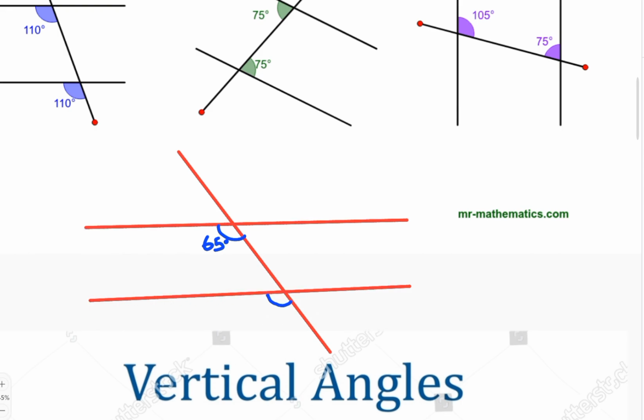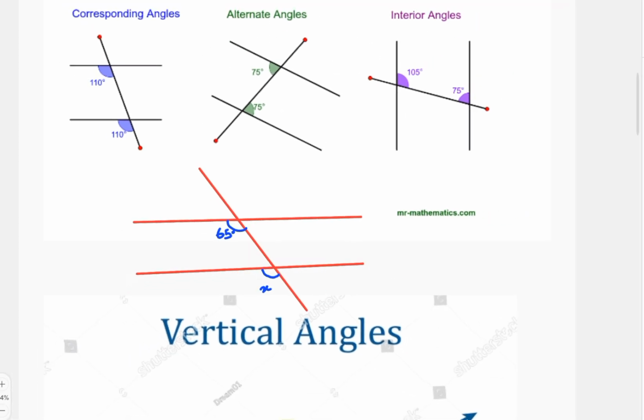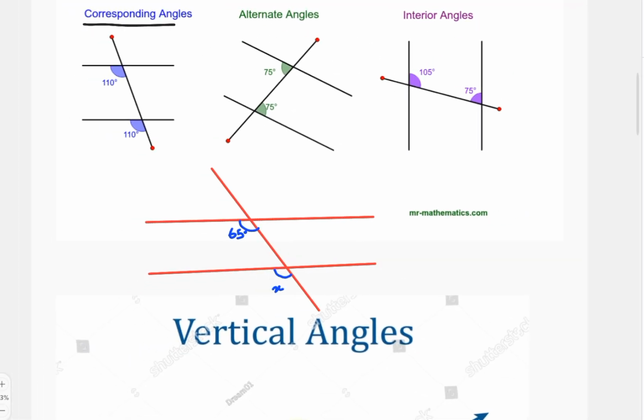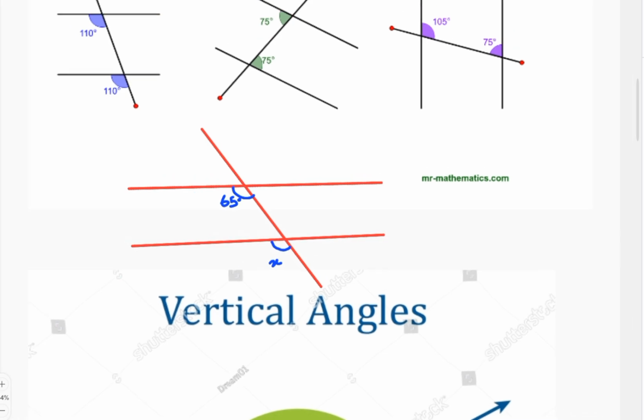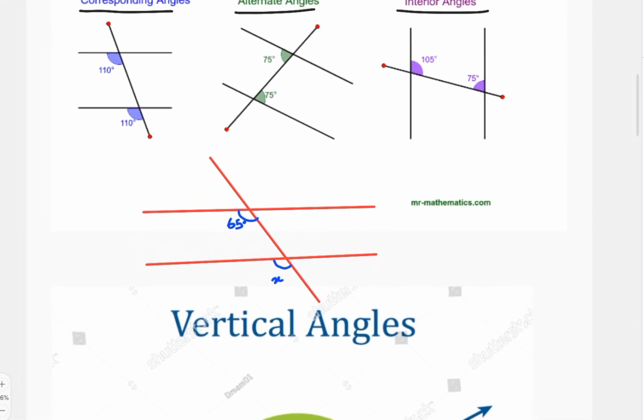So now it means we're dealing with parallel lines. Then we have only three options to choose from. Are they corresponding angles, alternate angles, or interior angles? It all depends on what shape they make.